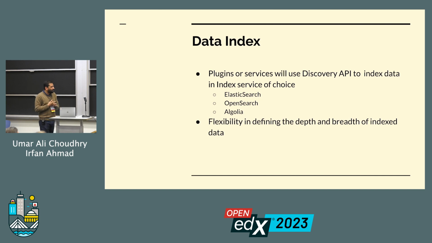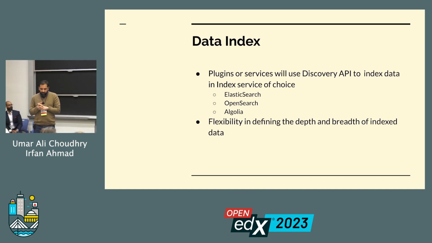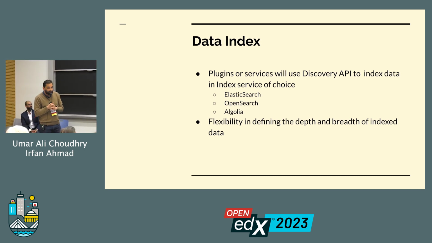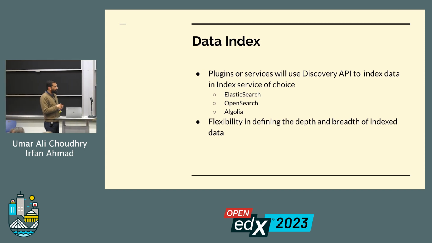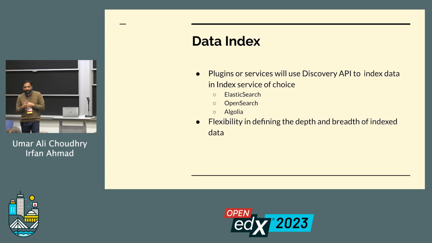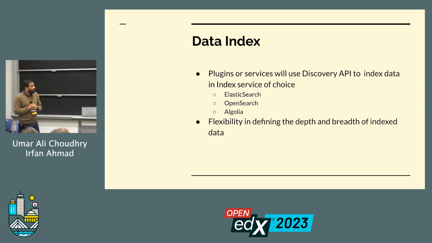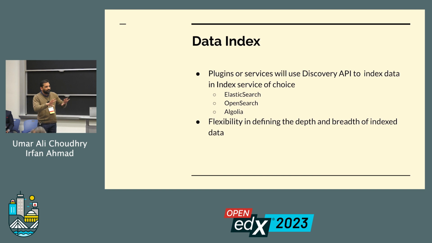So currently, Discovery uses Algolia, and all the catalog queries are stored as Elasticsearch queries. So one of the things that we would need to do for a federated architecture would be to divorce the indexing engine from discovery.